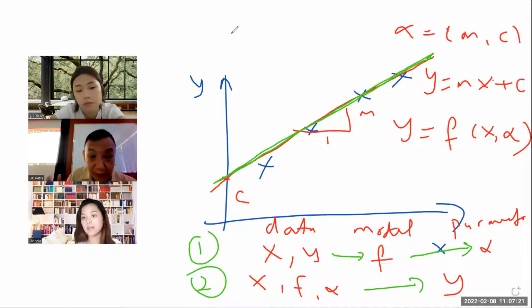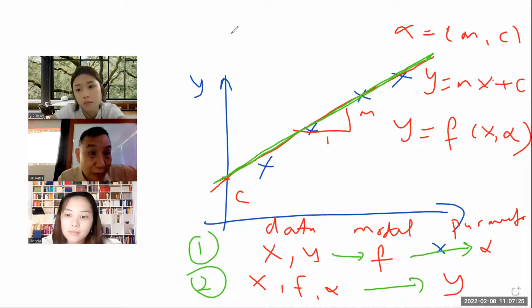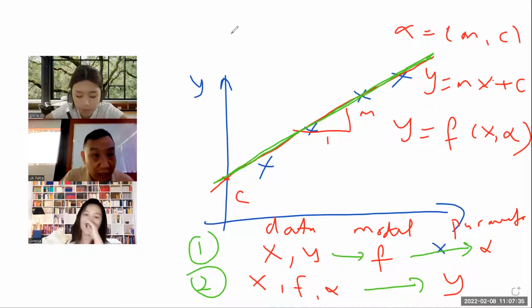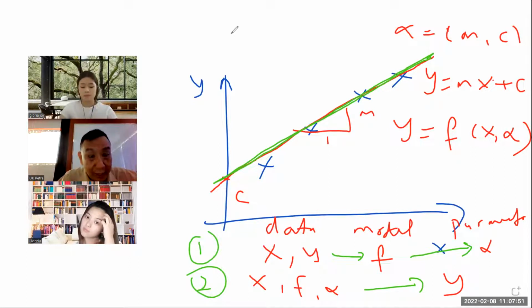Prediction means you have the input of your data or new data, not necessarily the same data as earlier. And then you have your model, any model, and that's why I put it F here. In this example, I put it linear model, but not necessarily. Later on, we will not use linear model, right? But this is just example. And then what happened? You calibrate it, you get the alpha here, the parameter. From there, you predict the y.